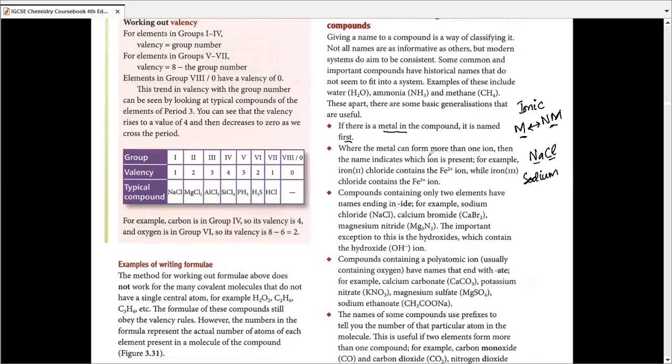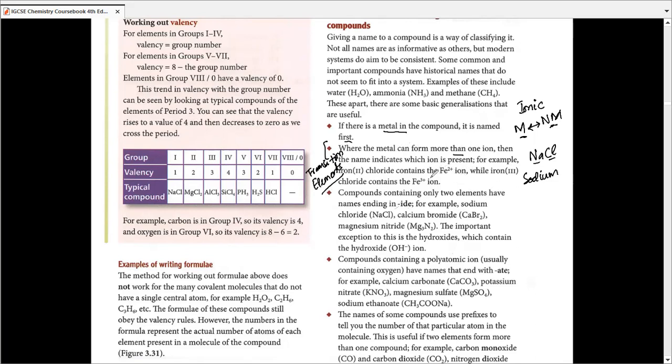Number two, where the metal can form more than one ion, the name has to be changed slightly. This specific point goes for transition elements. Transition elements are the ones present in the center of the periodic table, and we usually color them blue. They can form multiple ions.